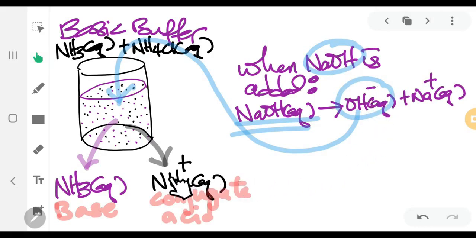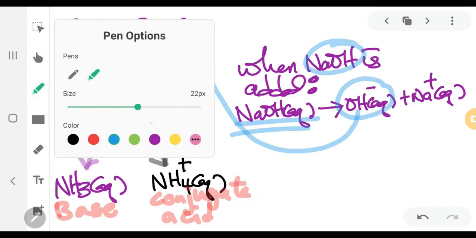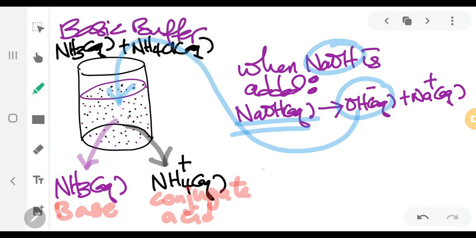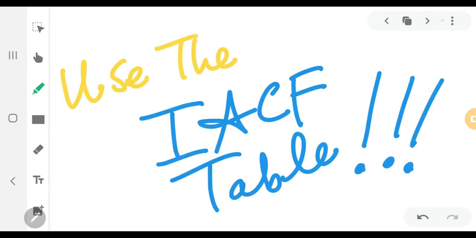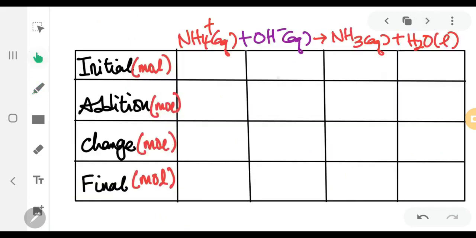So it is going to be reacting with NH4+. So the equation now that we need to consider is NH4+ aqueous plus OH- aqueous. You're going to use that in your ICF table. By writing the correct equation for the buffer action on top, you'll get 1 mark. Remember, this one is from the NaOH.